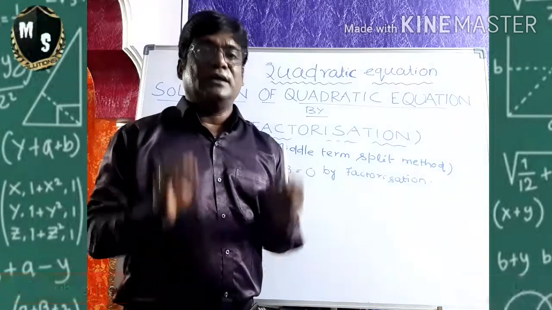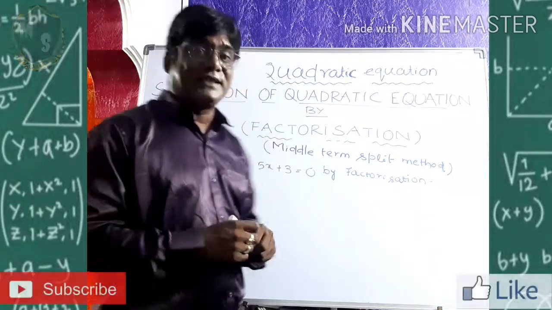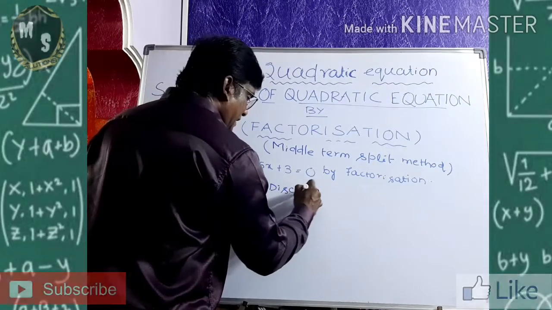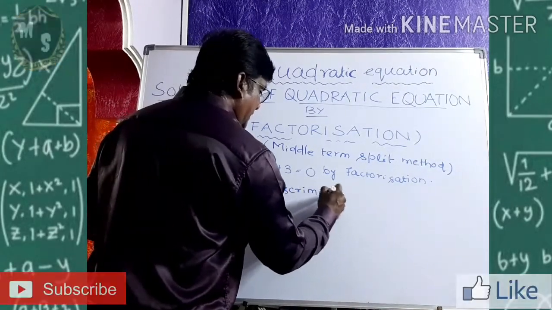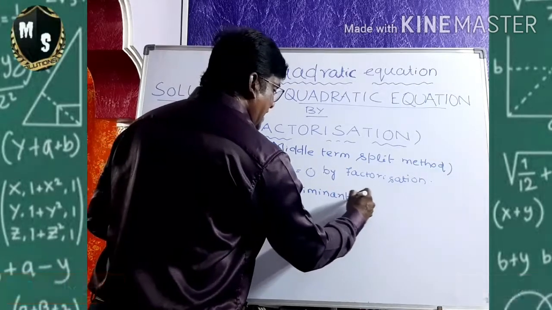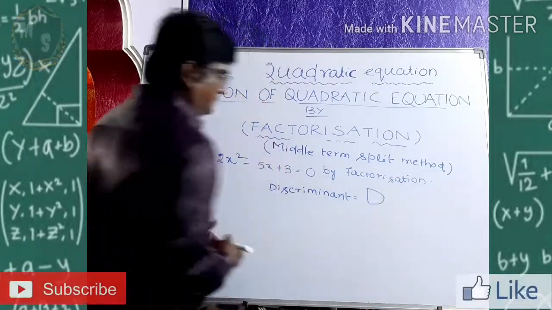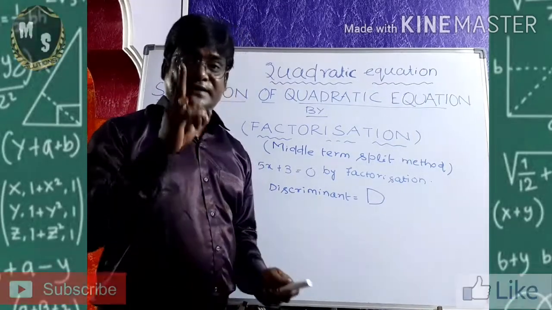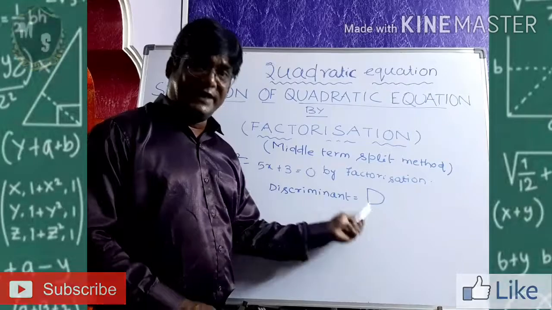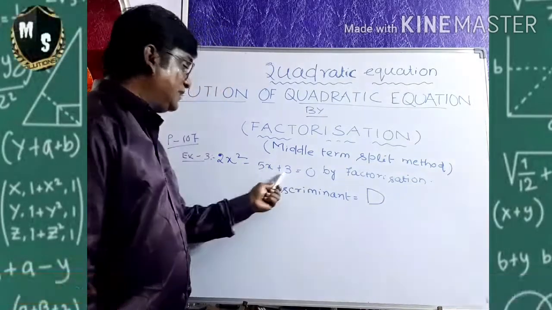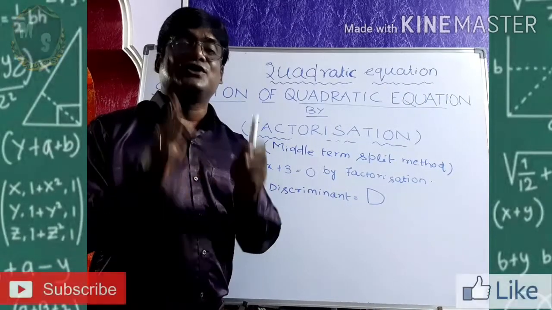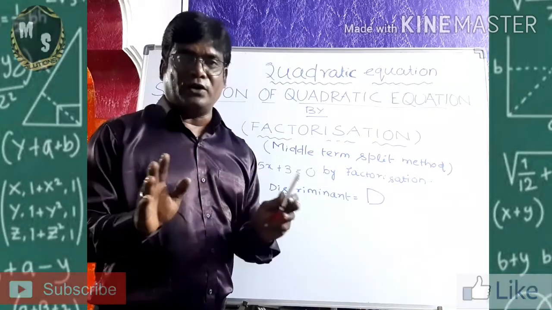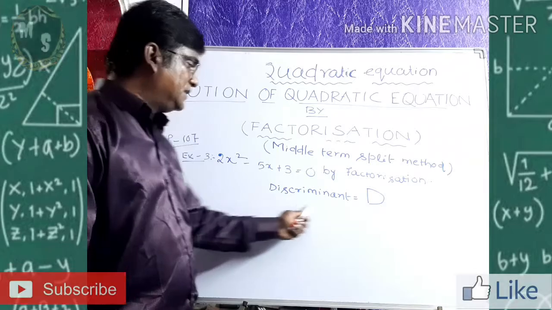What is that called? Discriminant, and it can be symbolized by big D. This D will tell you whether this equation will give you solutions or not. The roots it will give you or not depends on this discriminant.